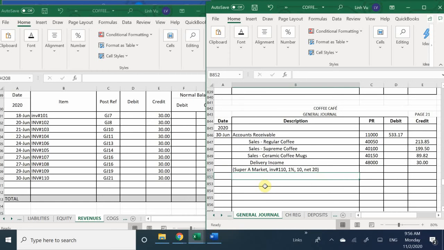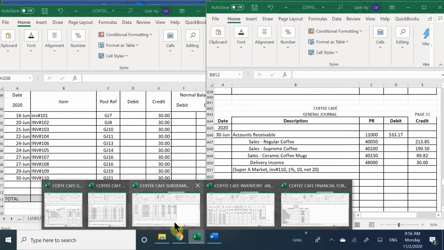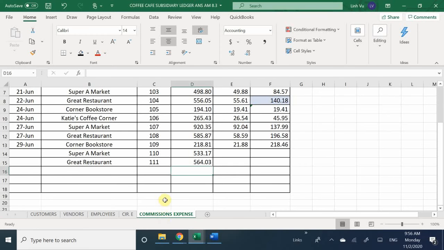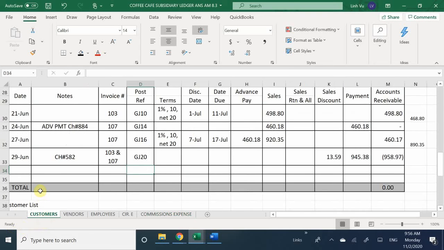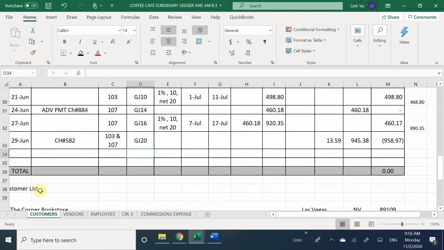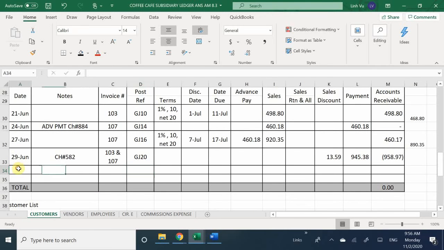So now we go to the subsidiary ledger. Who are we going to be working with? We're working with a customer, Super A Market. The date is 6/30. We have the invoice.